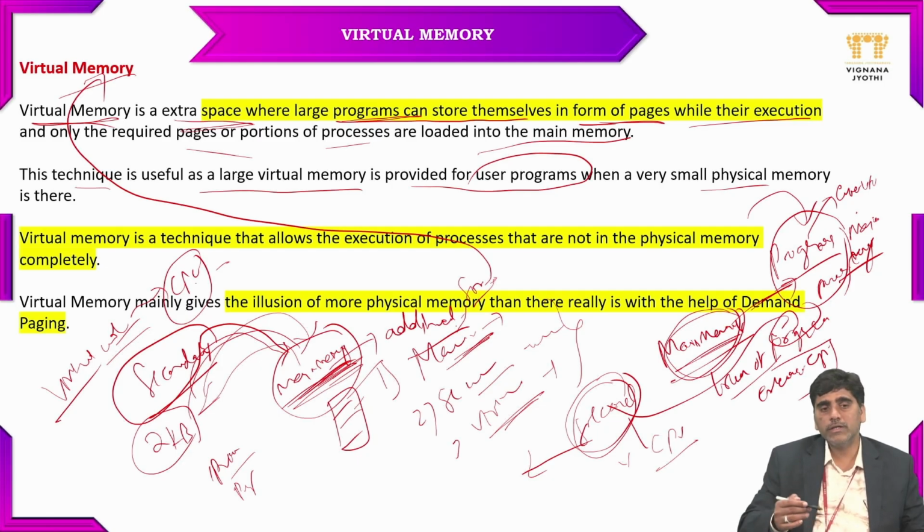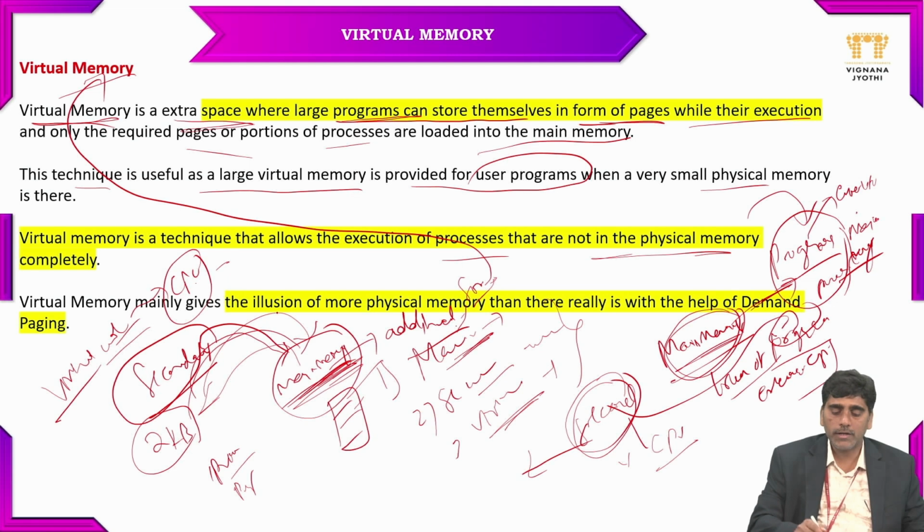Virtual memory is also a memory management technique that allows the execution of processes that are not completely in physical memory. If the size does not fit in the main memory, then the virtual memory looks for additional resources provided by the CPU.